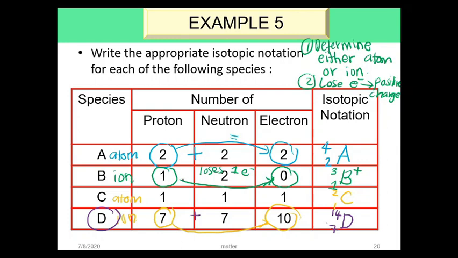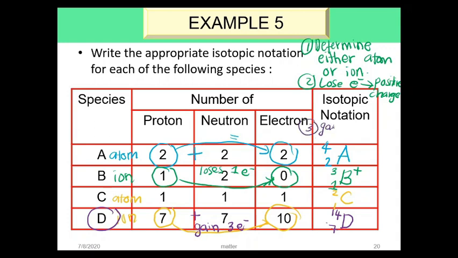The number of proton is 7, while the number of electron is 10. So are you gaining or losing electron? Again, you gain 3 electrons.